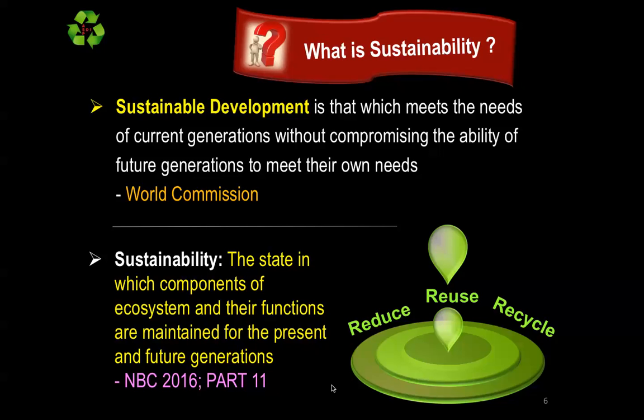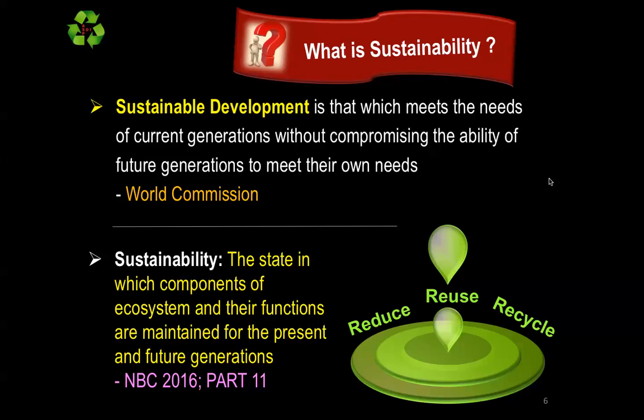Sustainable development is that which meets the needs of the current generation without compromising the ability of future generations to meet their own needs. This is the definition which the World Commission of the United Nations brings into the picture.